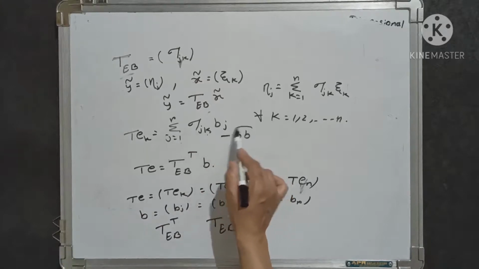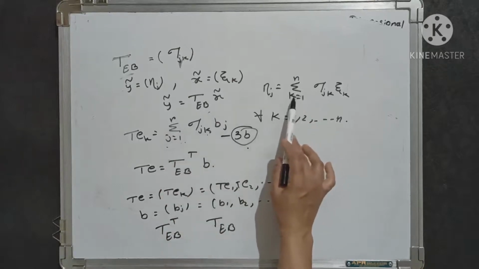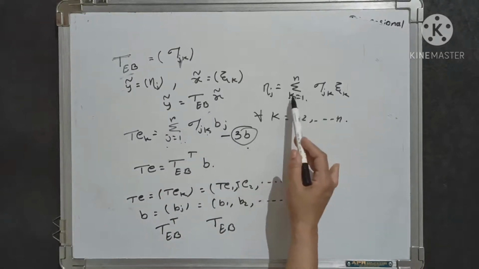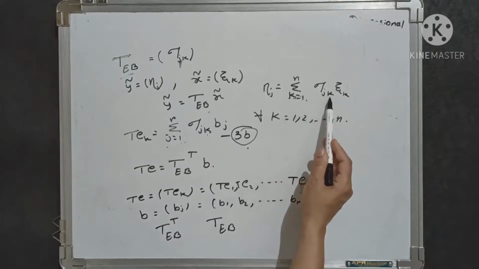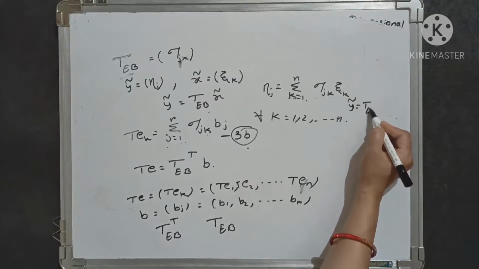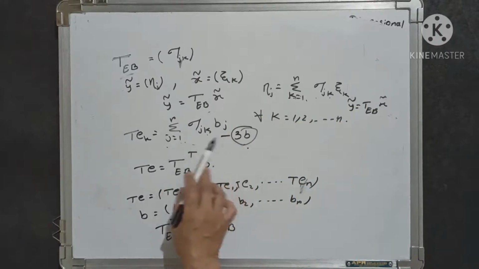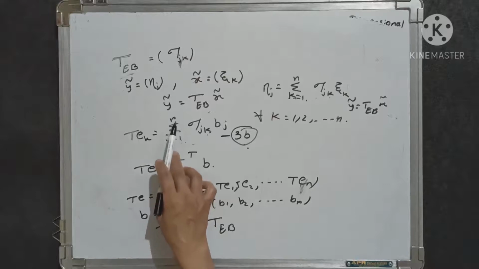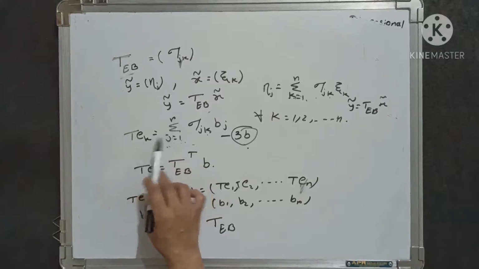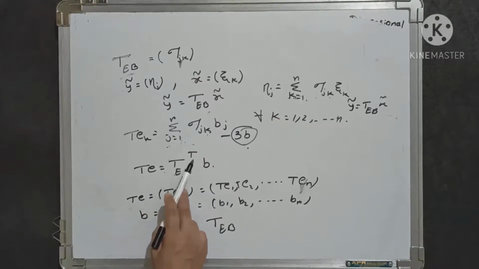In this equation (3b) we take the sum over j, while in the other equation we take the sum over k, and therefore there we have y tilde equals the matrix T_EB times x tilde. But in equation (3b) the summation is taken over j, and due to this the equation is written as T_E equals T_EB transpose times B. In this way, we say that the linear operator is represented by the matrix.